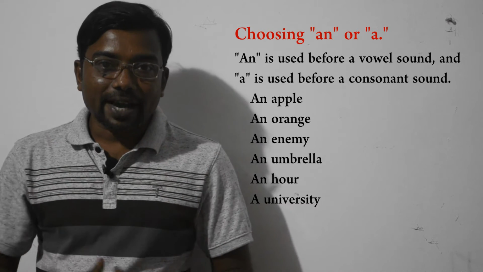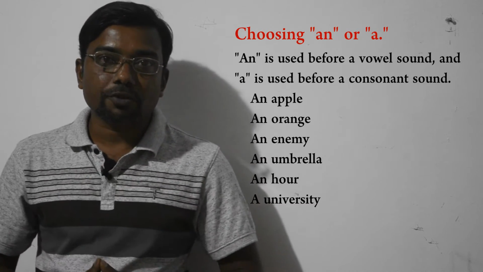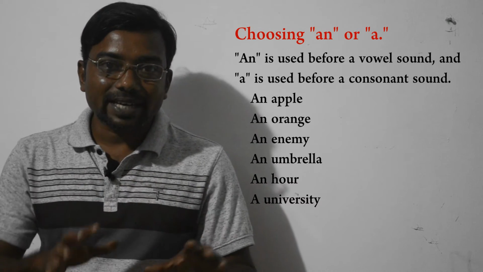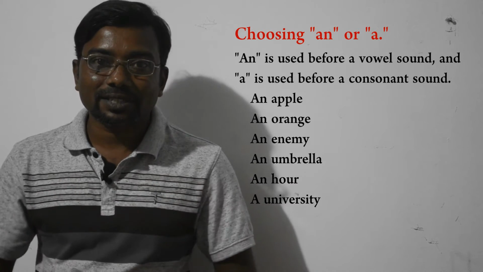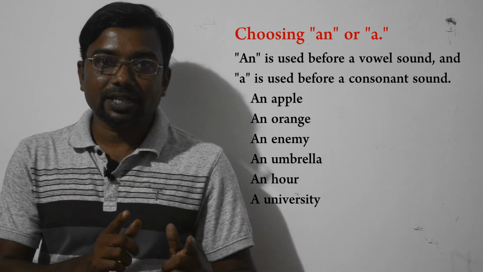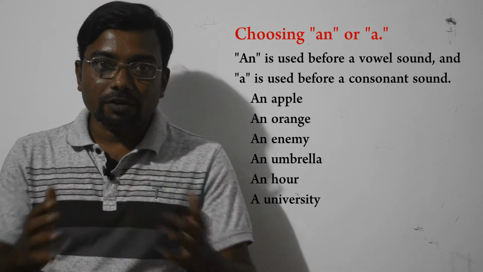Okay, in the English language there are 26 letters in the alphabet. Among these 26 letters we use A, E, I, O, U as vowels. The rest of the letters are consonants. We use the indefinite article an with an unspecific noun which begins with a vowel sound. Remember, we do not follow vowel letters.